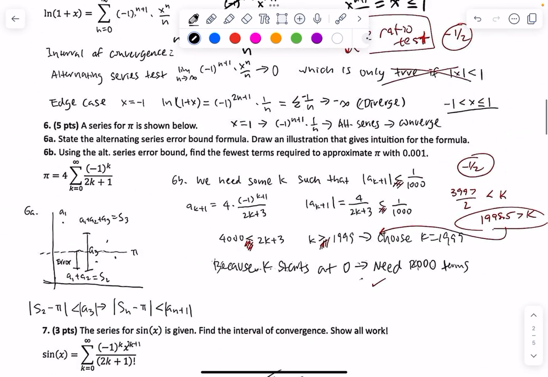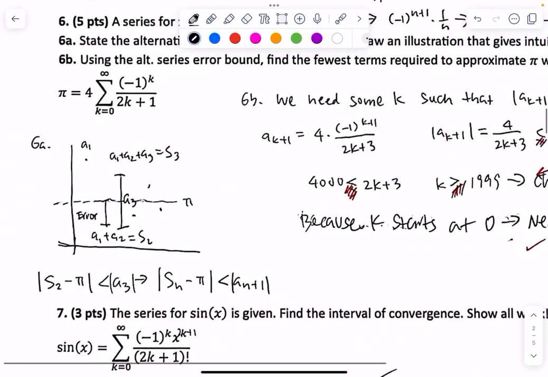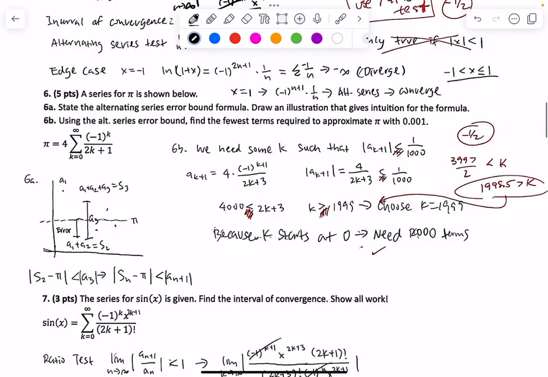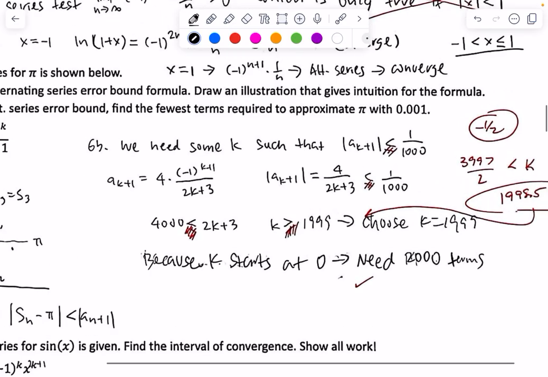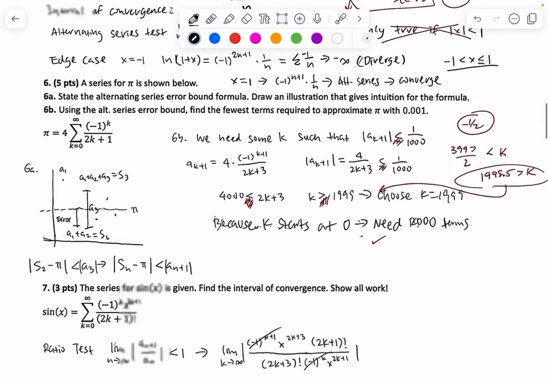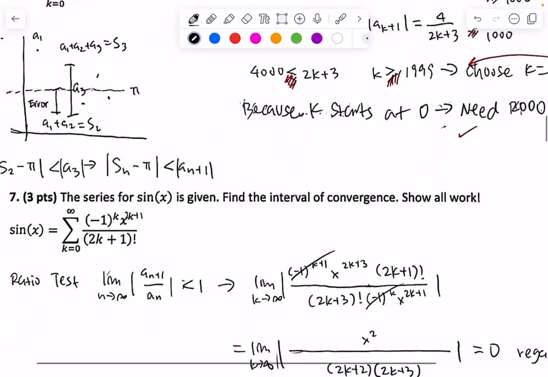And this is what gives us our alternating series error bound. With the alternating series bound, we know that Sn minus pi is smaller than an plus 1.